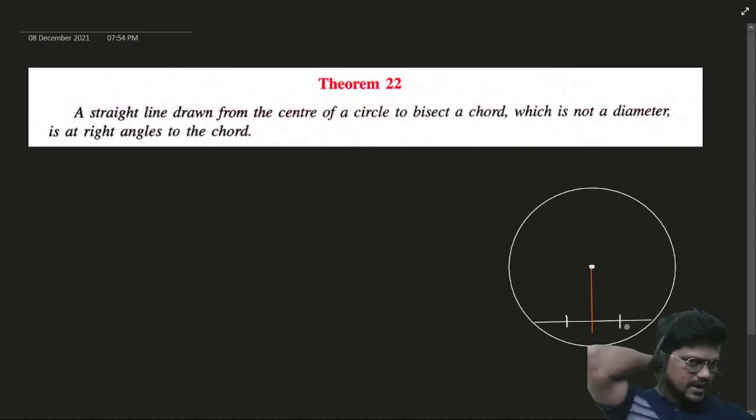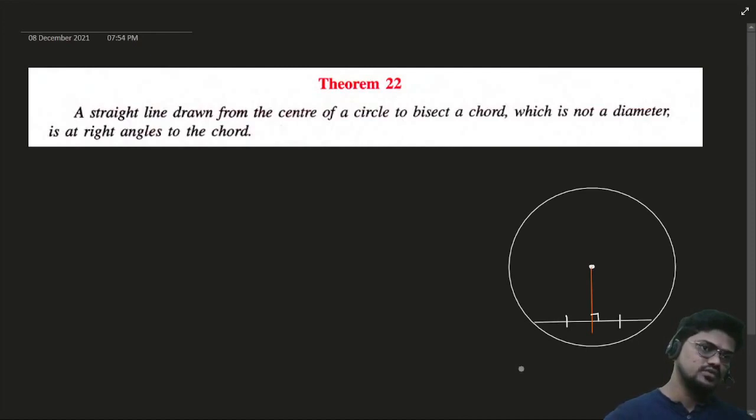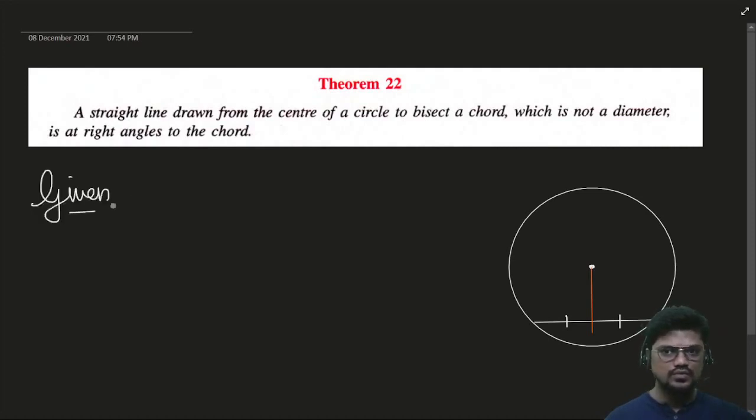That means if I bisect the chord, what happens? It will be at a right angle. That's what you have to prove. So in this theorem, what you have in the given and what you have to prove, we'll write it. If this is O, A, B, and this is C. What is given? O is the center of the circle.